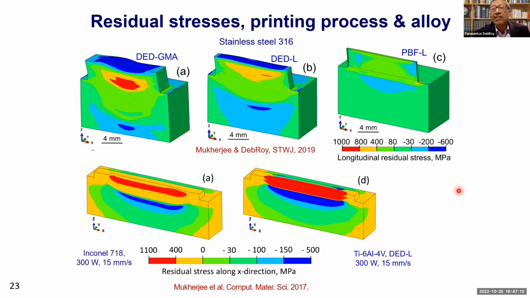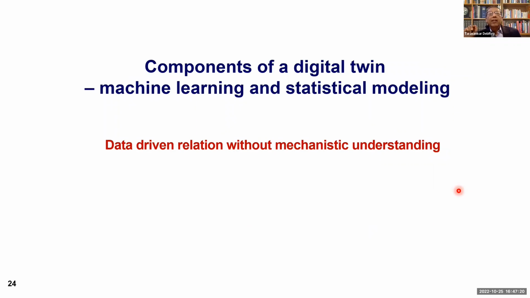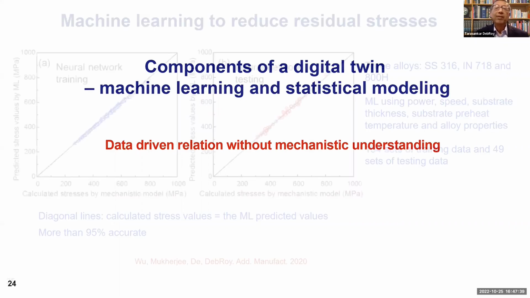So those are some of the benefits of doing these models. Not everything can be done by a mechanistic model because of the lack of mechanistic understanding. There we use data-driven relations, either based on machine learning or statistical modeling. So I'm going to give you an example.